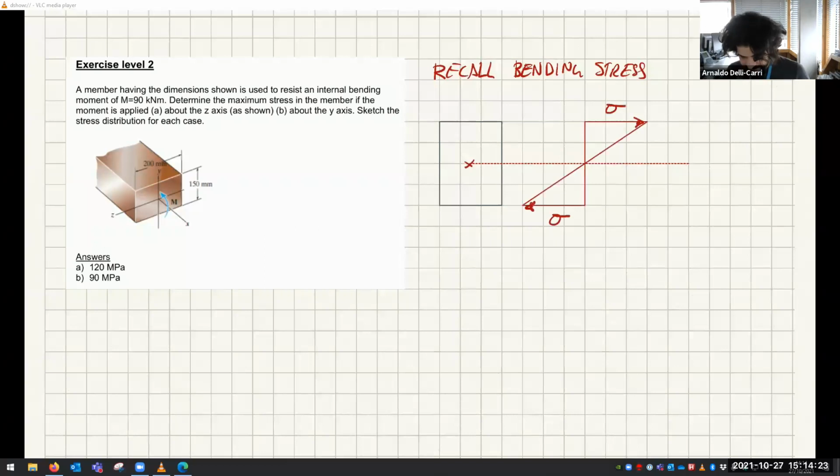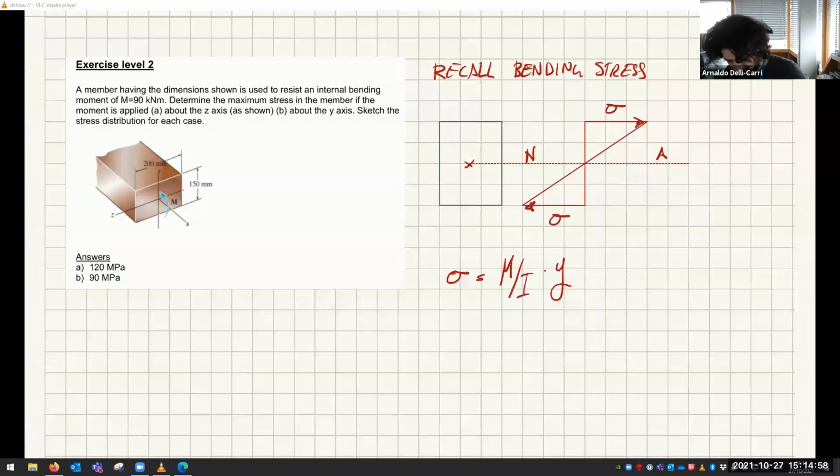And the stress gets larger and larger as you move away from the neutral axis. This one is the neutral axis. So the more you move away from the neutral axis, the larger is the stress. So that means that the most stressed points of this section are this one and these ones, so the top and bottommost fibers. So let's also recall the sigma is M divided by I times y.